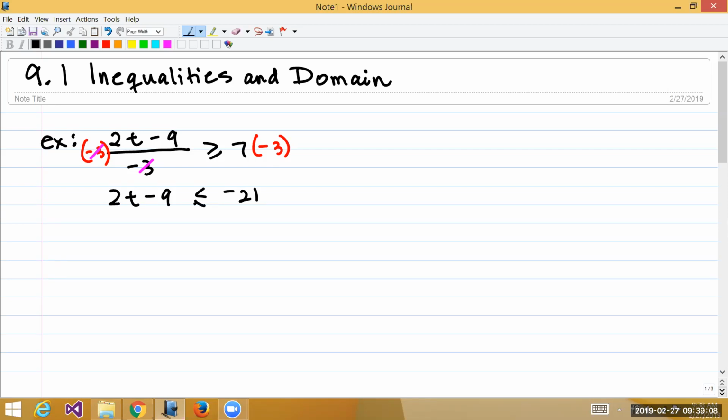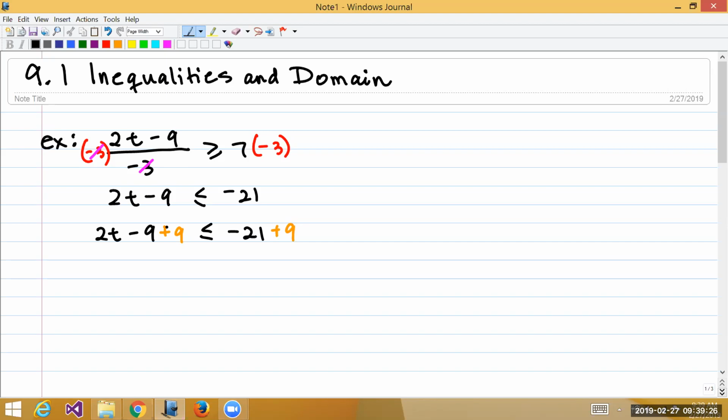Now we need to undo this minus 9 by adding 9 to both sides. So 2t minus 9 plus 9 is less than or equal to -21 plus 9.